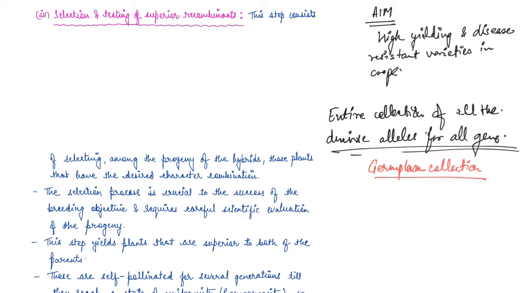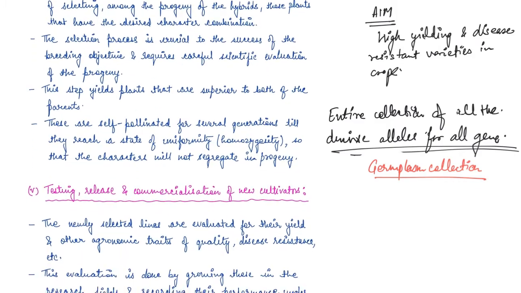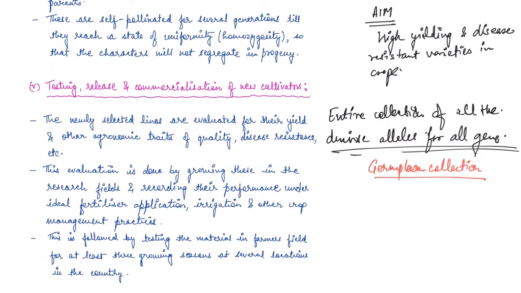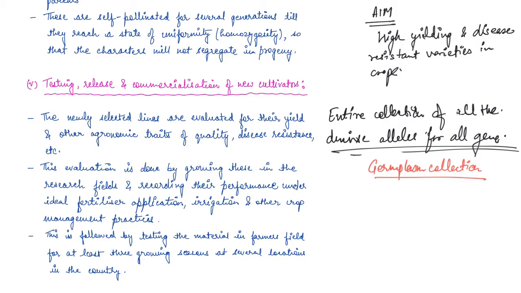So we select from this progeny the ones which are best suited as per our requirement, and then we start self-pollinating them. We self-pollinate them for several generations till they reach a state of uniformity, of homozygosity. So guys, it is very similar to what we read in the case of animal breeding.